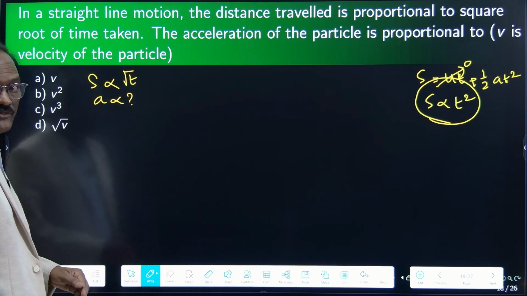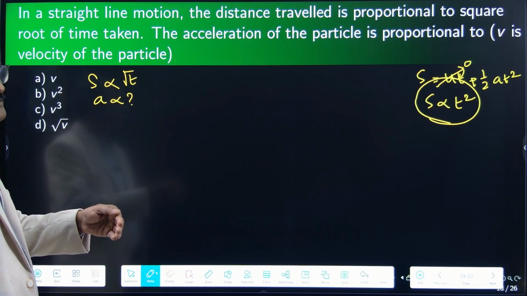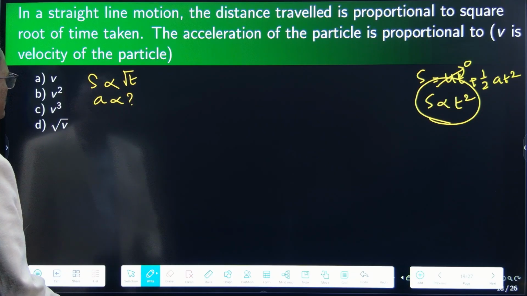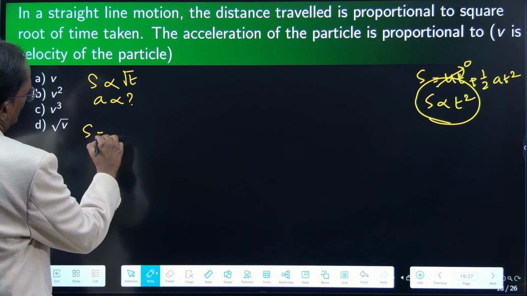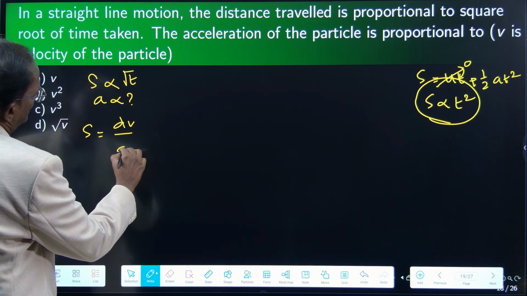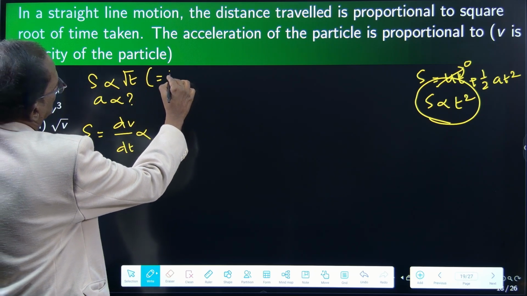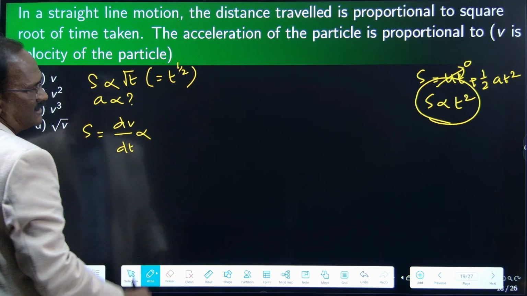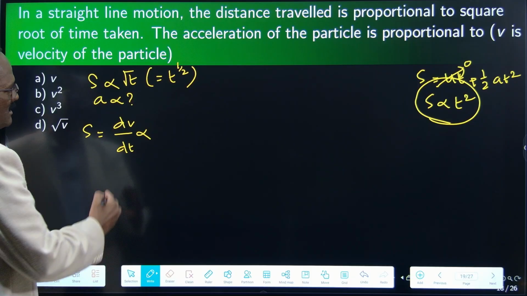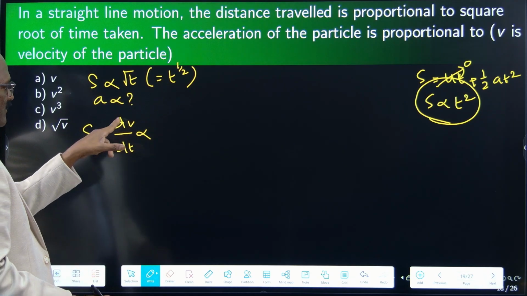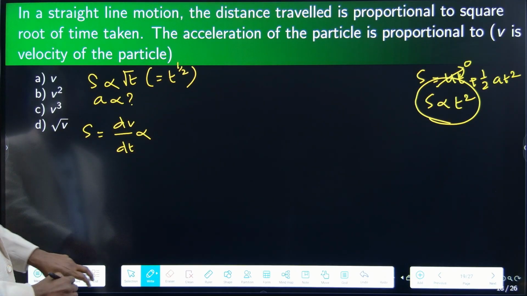Right. First we will have to find V. V is proportional to what? Then from V, A is proportional to what? S is proportional to root t. Let me write it as t power of half, for easy differentiation.